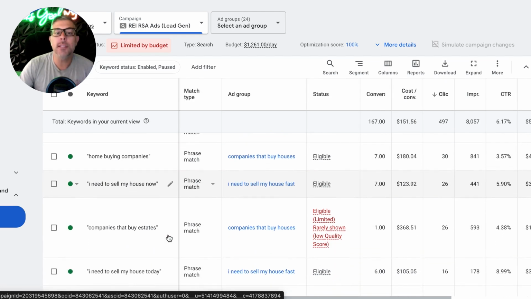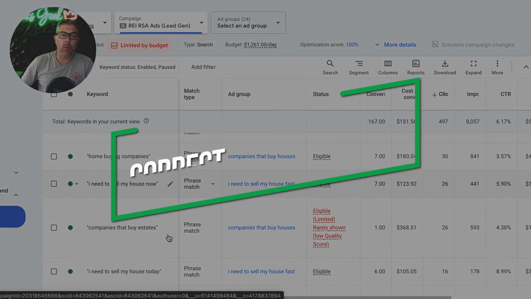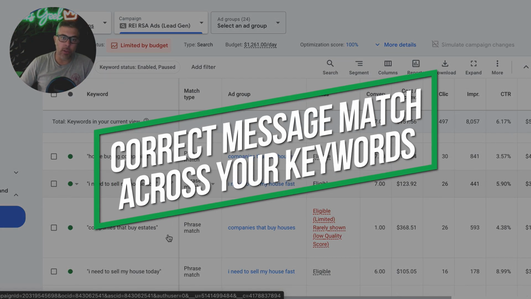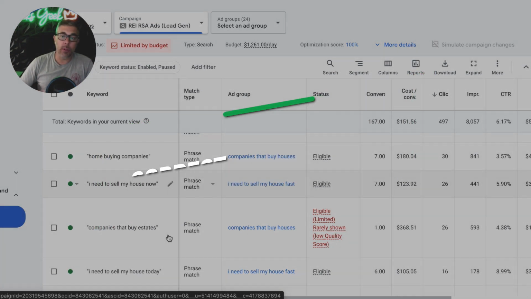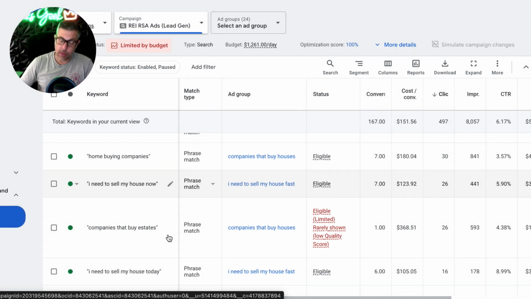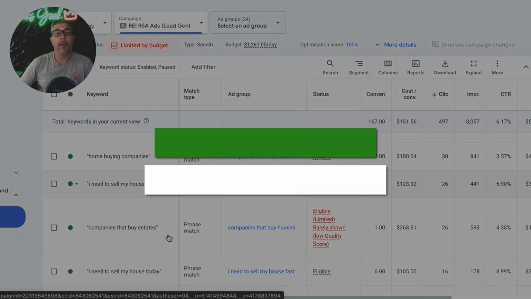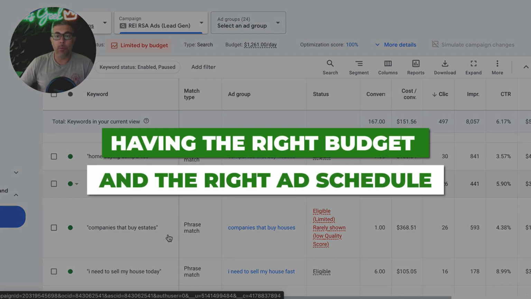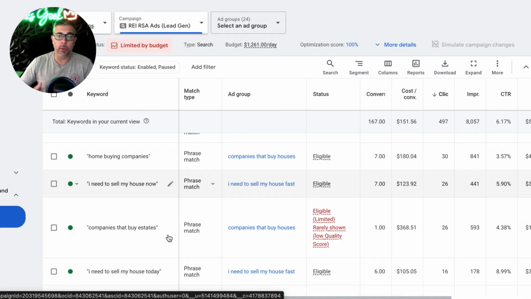So guys, there's not really much to these campaigns. It's more just about crafting the correct message match across your keywords, across your ads, and across your landing page. And on top of that, having the right budget and the right ad schedule. So if you think you're going to run a Google Ads campaign for 3 hours a day, it's never going to work.